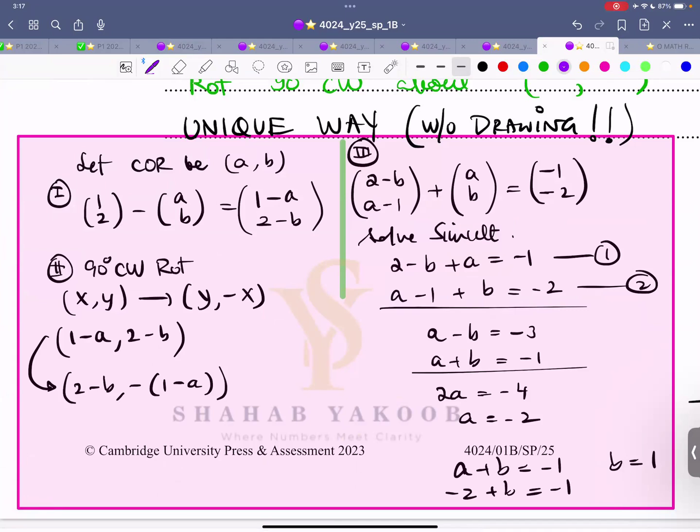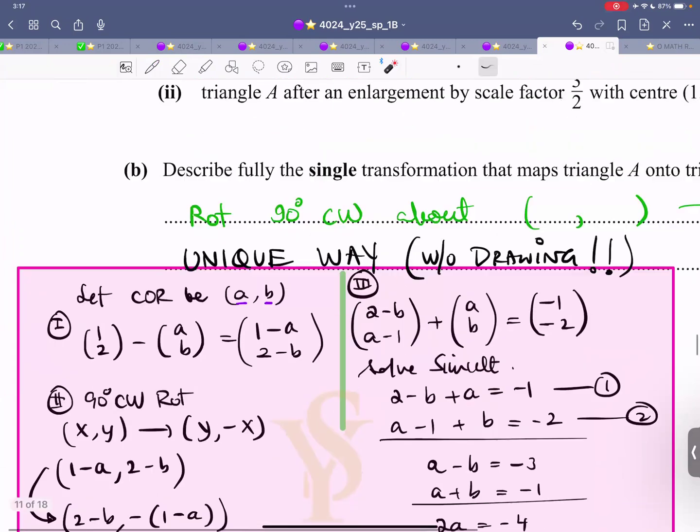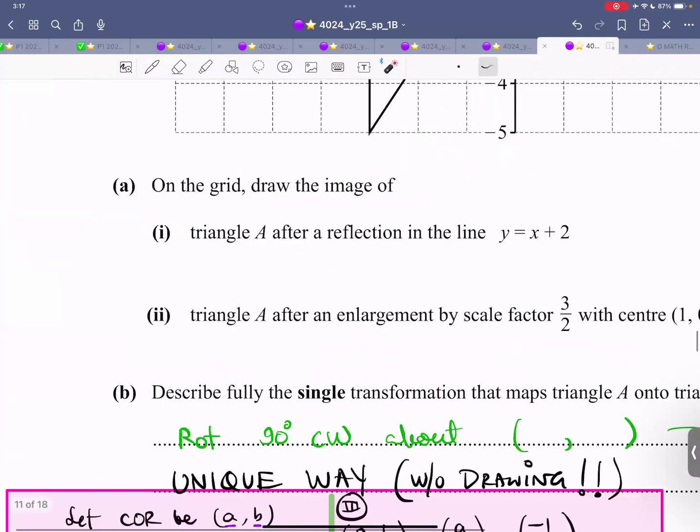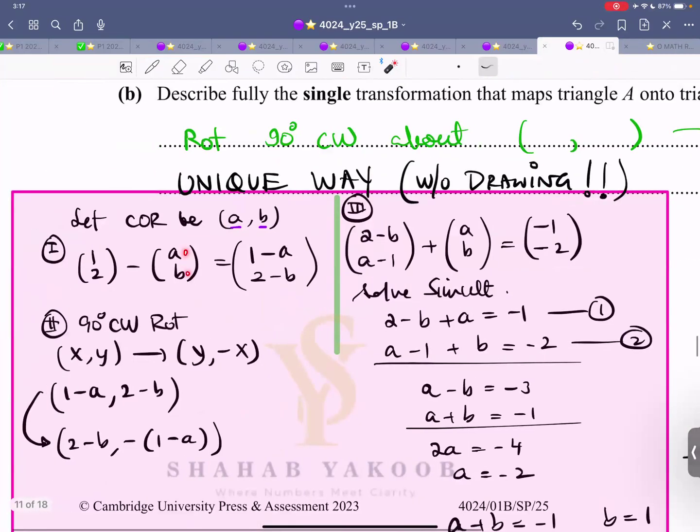Let the center of rotation be (a, b). And from this coordinate, let's say this one, (1, 2). Let me take this as a sample. From (1, 2), subtract the center of rotation. It's written like this. Apply the relevant matrix, that is 90-degree clockwise rotation. So what happens? (x, y) becomes (y, -x). So the coordinates will flip. This coordinate will go over here.